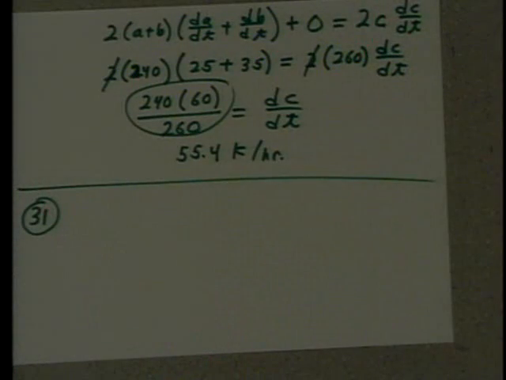Okay, number 31 says, the top of the ladder slides down a vertical wall at a rate of 0.15 meters per second. At the moment the bottom of the ladder is 3 meters from the wall, it's sliding away from the wall at a rate of 0.2 meters per second. Question, how long is the ladder?